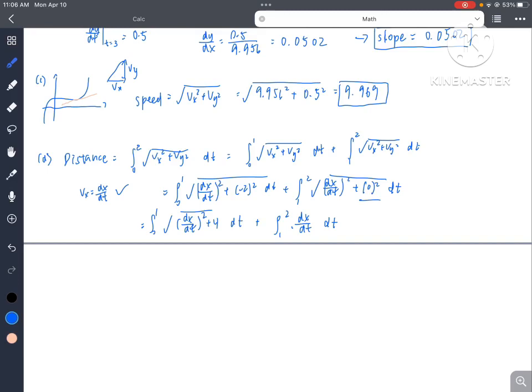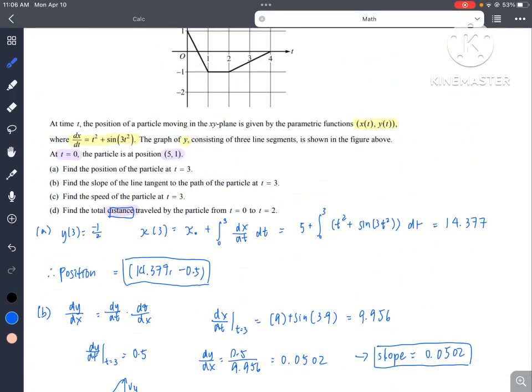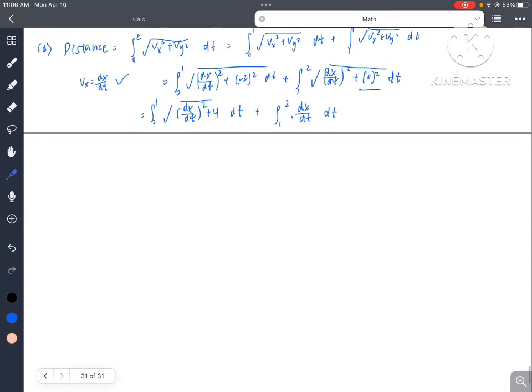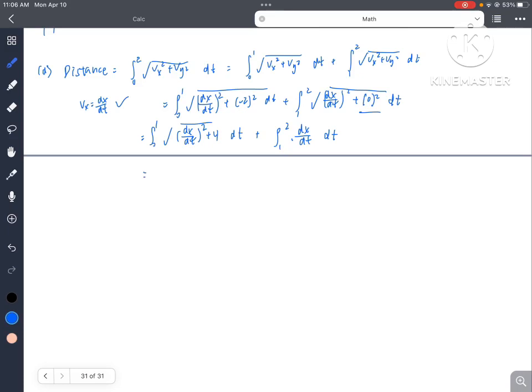Let's just find the first integral. So it's the square root of dx over dt, which is x squared plus sine 3t squared. Sorry, but on the graphing calculator, you can only input values as x. So let's square this and then add 4. So the first half of the path is 2.23787.